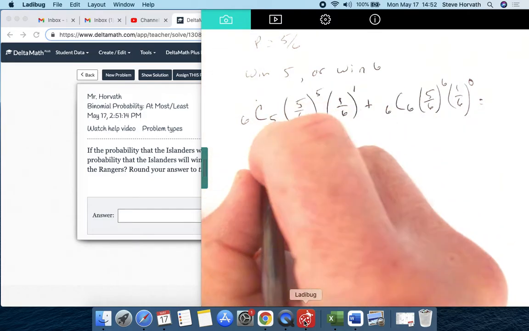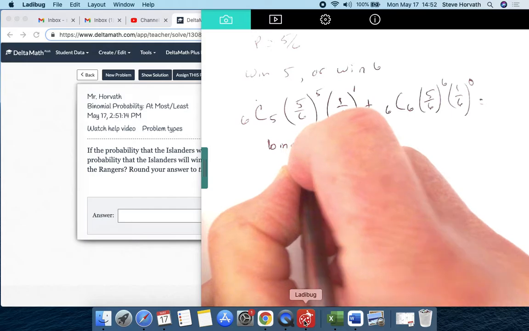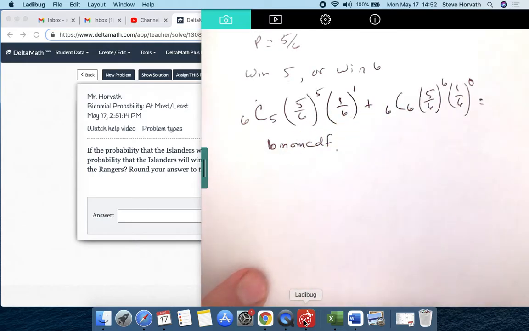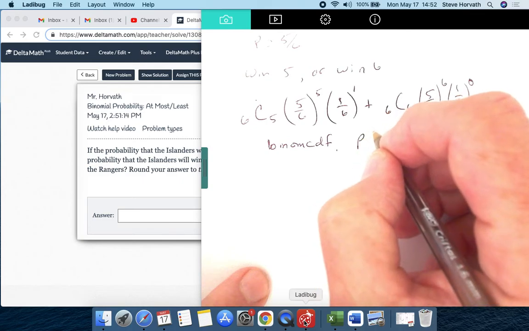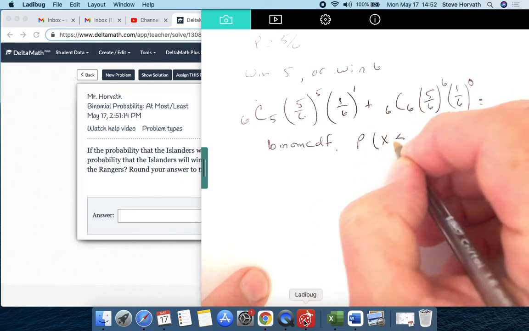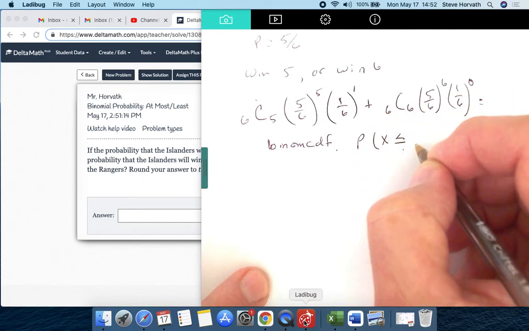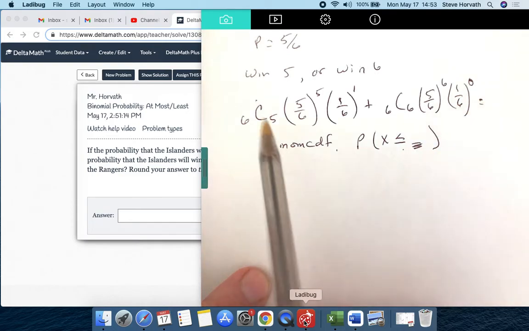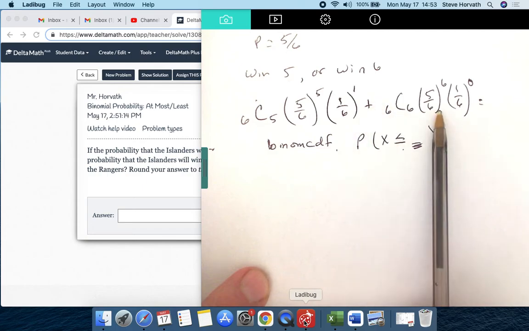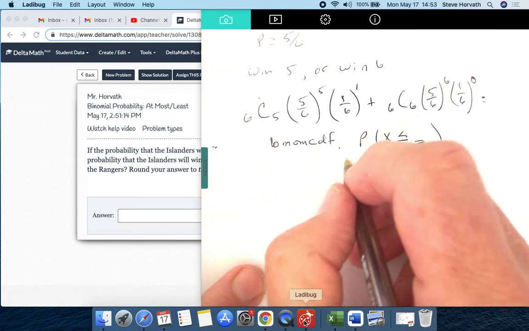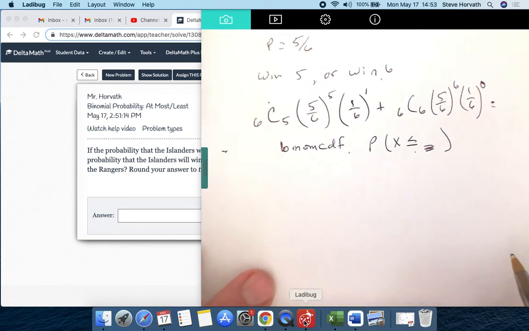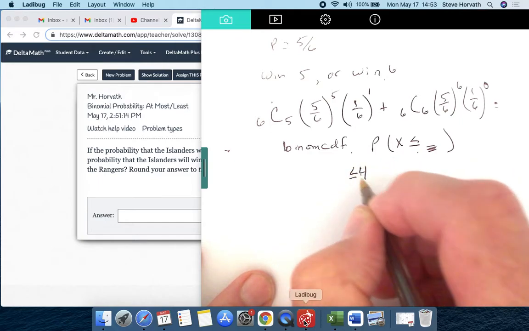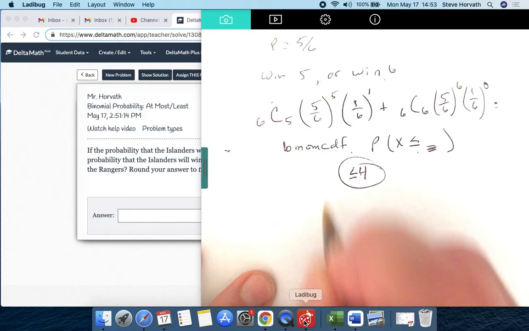Well, now we have another thing called Binomial CDF, but there's a little bit more to CDF. You always have to use the probability of x less than or equal to something. This one wants 5 or 6 wins, so the opposite of that would be less than or equal to 4.